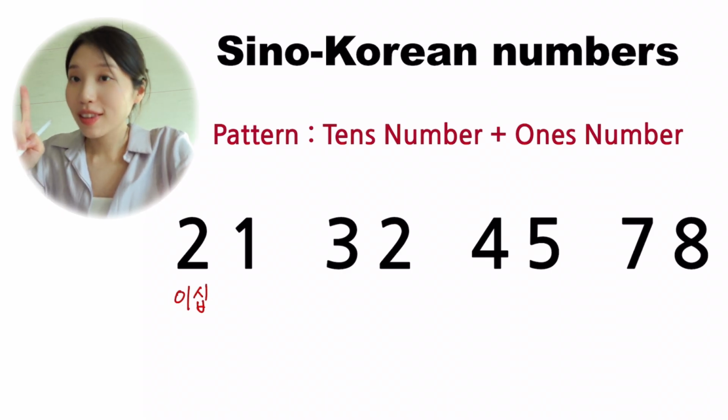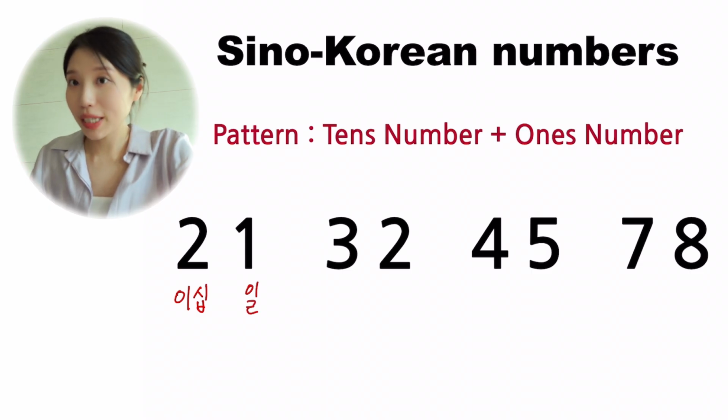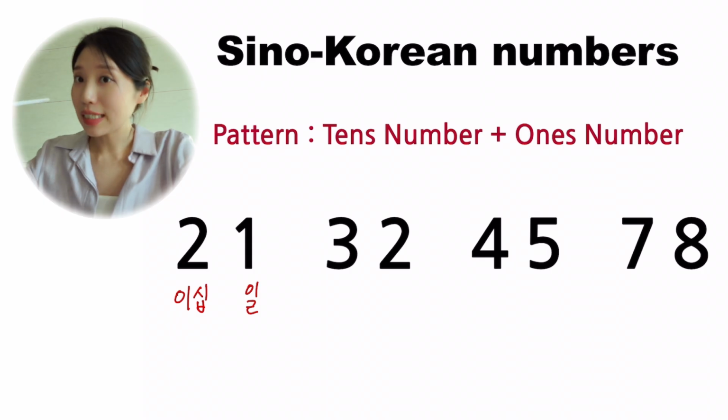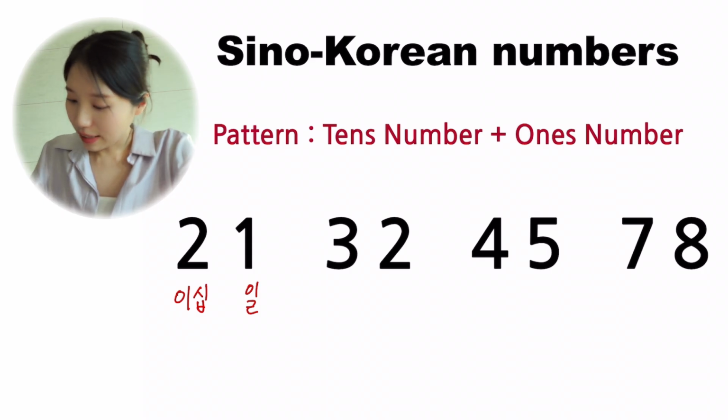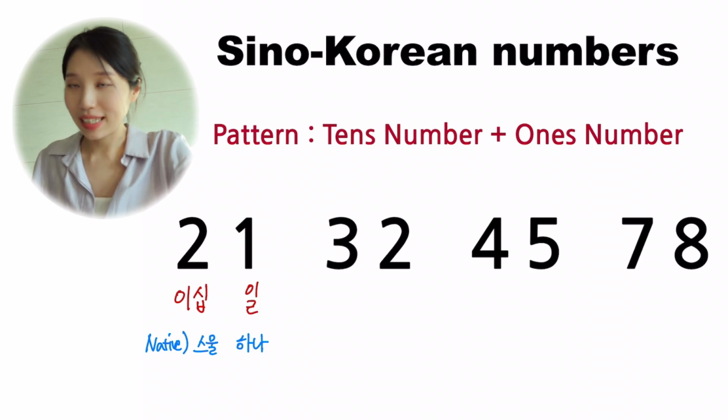And 1, 일 in Sino-Korean number. So 21 is 이십일. If we read 21 in native Korean numbers, it's 스물하나. But in Sino-Korean number, if we read 21, it's 이십일.